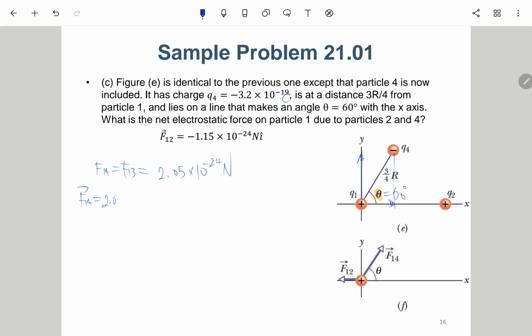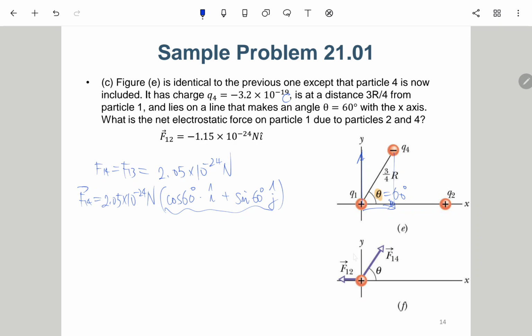So it will be something like 2.05 times 10 to the negative 24 Newton, times cosine 60 degrees i hat, plus sine of 60 degrees j hat. So the x component will be this value multiplied by cosine of 60 degrees, and the y component will be times sine of 60 degrees.